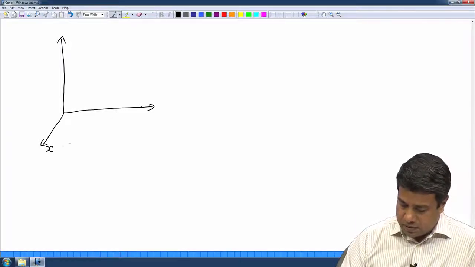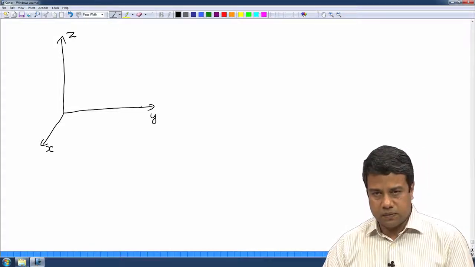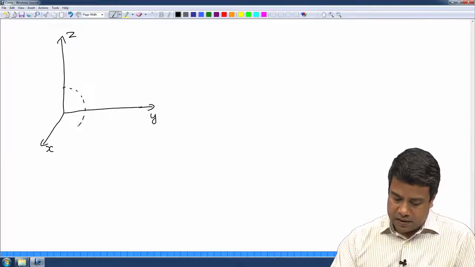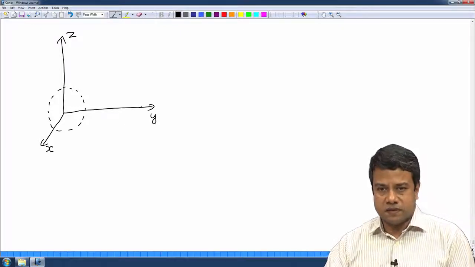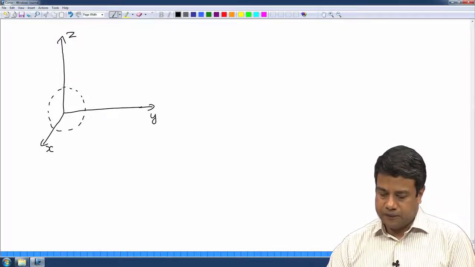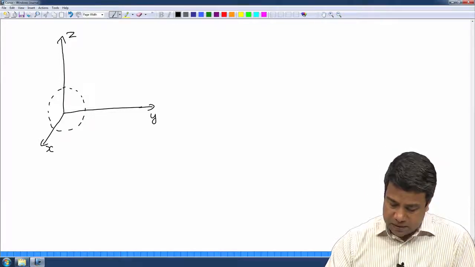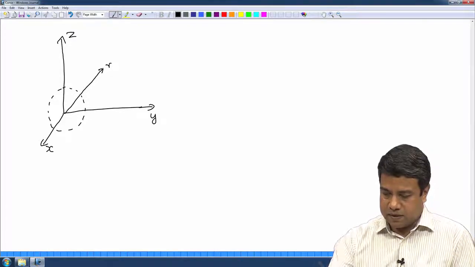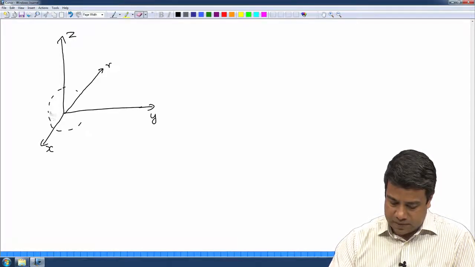X, y, z was the Cartesian coordinate that we were using. When you have a spherical geometry, you would expect a coordinate in which this surface is a surface of constant coordinate. That is a spherical coordinate system in which one of the coordinates is just the distance r from the center, from the origin.